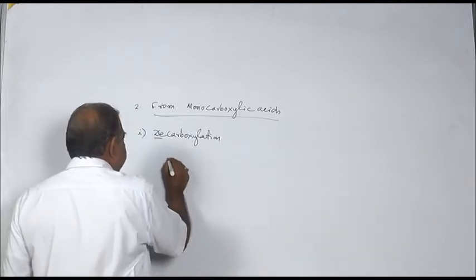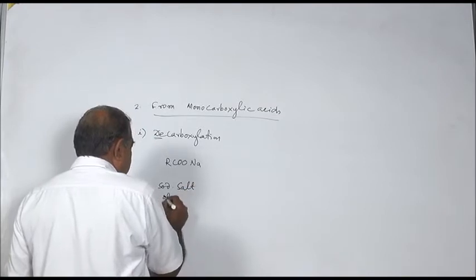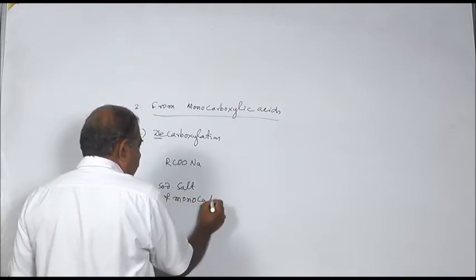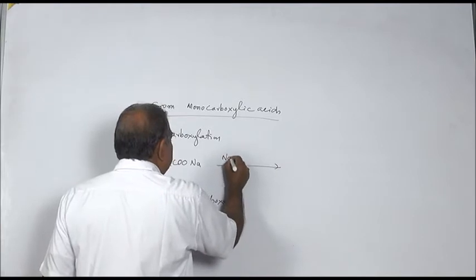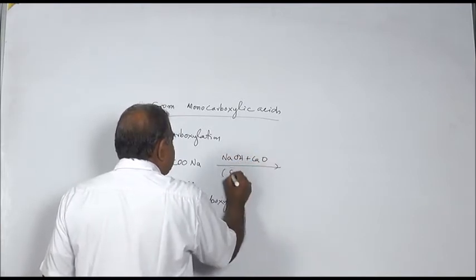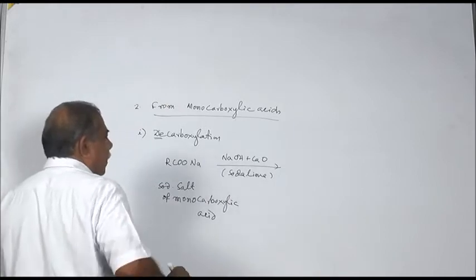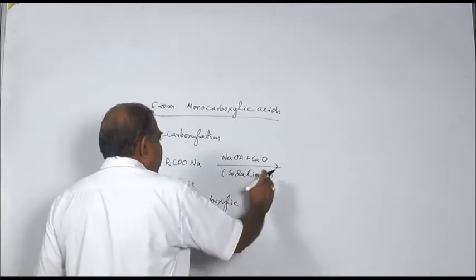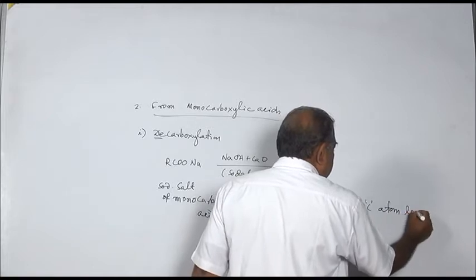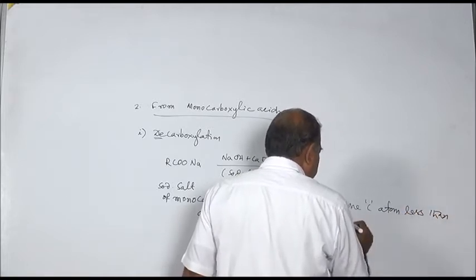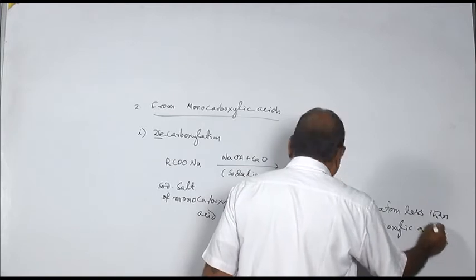When you take the sodium salt of monocarboxylic acid and heat it with soda lime, a sodium hydroxide and calcium oxide mixture called soda lime, soda stands for sodium hydroxide and lime stands for calcium oxide, you will get an alkane having 1 carbon atom less than the monocarboxylic acid.